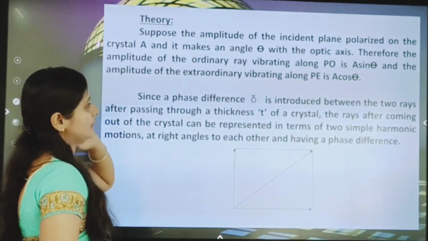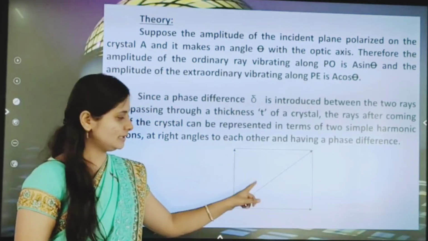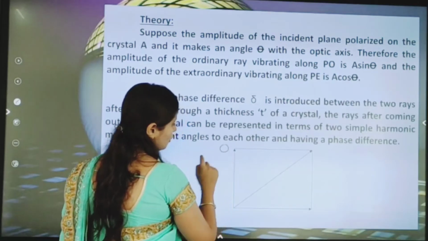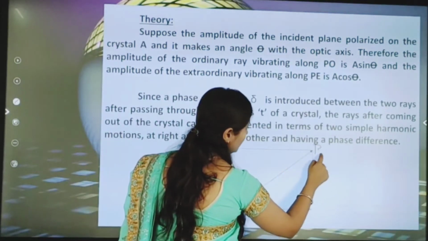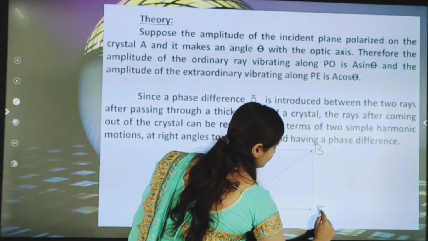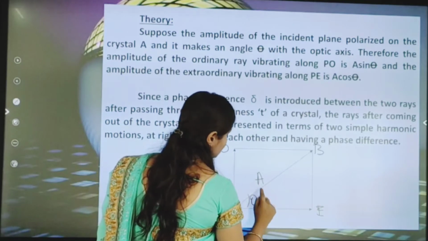Now let's see the theory. For the theory, we should concentrate on this diagram. First we take the point O, here the point B, here the point P, here E, the amplitude A, and here the angle theta.